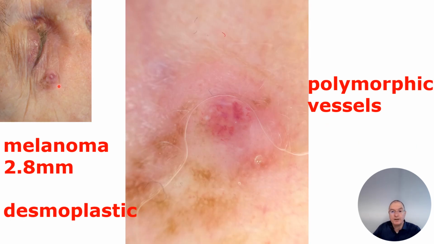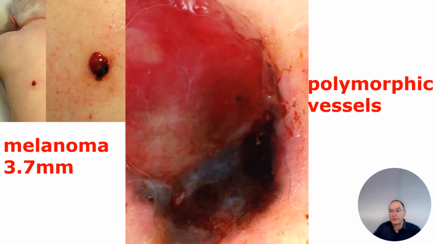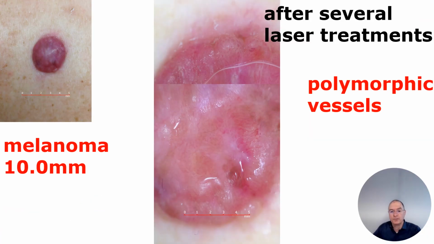Desmoplastic melanoma here in the face, polymorphia of vessels, subangular. 2.8 millimeters, nodular, we know this, no way, but polymorphia of vessels, 3.7, 4.3 millimeters, polymorphia of vessels. You see, when the tumor is getting thicker and thicker, we see different types and different possibilities of vessels.